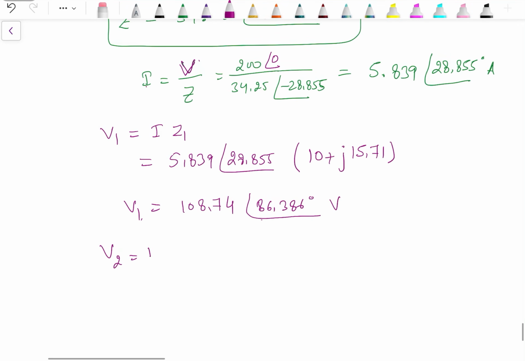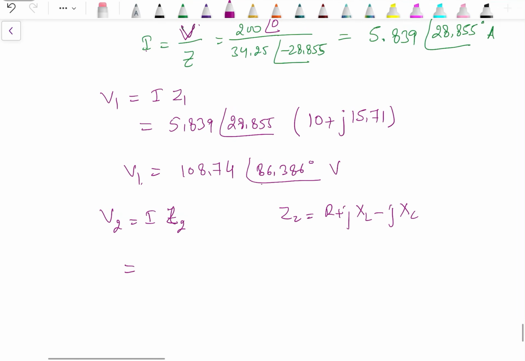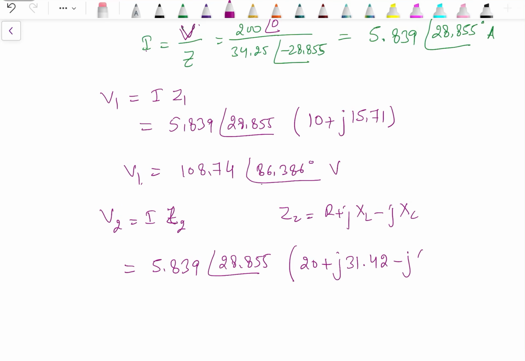Similarly V2, which is the voltage across the RL series circuit, will be equal to I into Z2, where Z2 is R plus JXL minus JXC. I is 5.839, angle is 28.85, R is 20, XL is 31.42 and XC is 63.66.